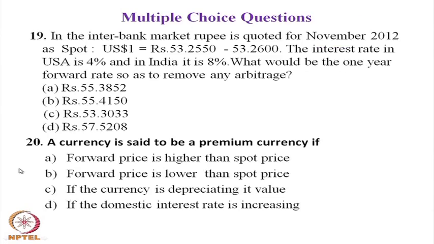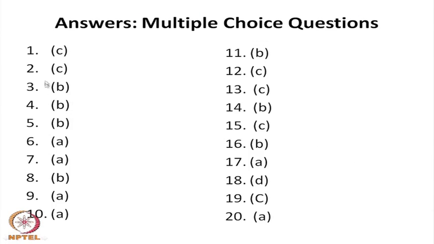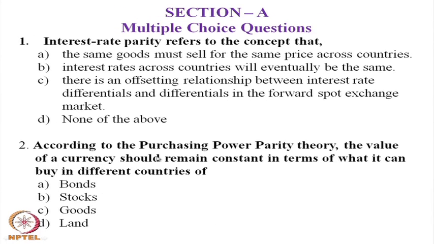Then question number 2, answer also C. What is question number 2? According to purchasing power parity theory, the value of a currency should remain constant in terms of what it can buy in different countries. Your answer is C, because purchasing power parity theory mentions that the power to purchase goods should be the same across countries.